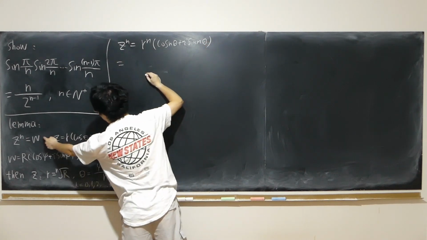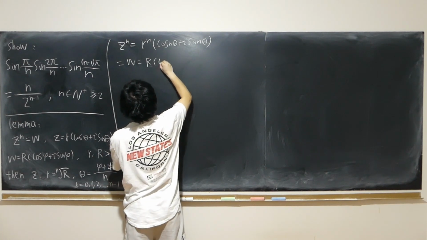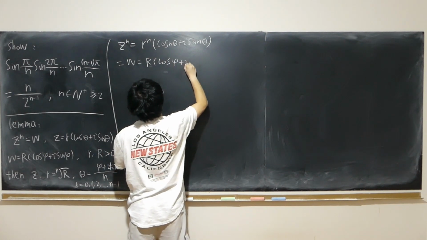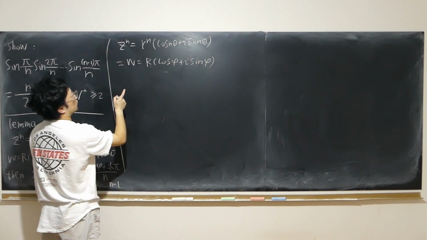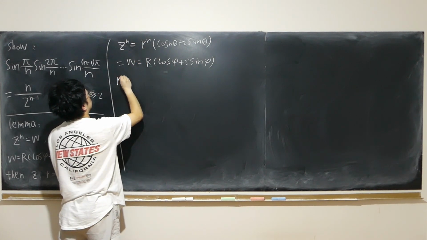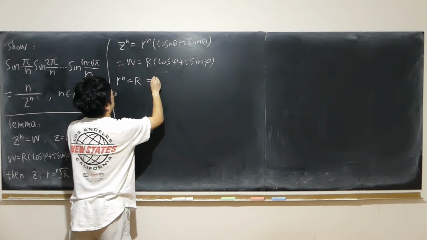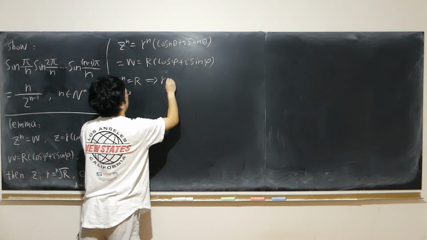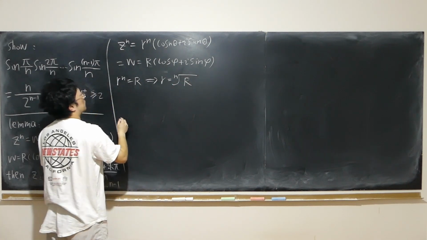It says this is equal to w. But w is capital R times cosine phi plus i times sine phi. So correspondingly, r to the power of n should equal capital R, both real numbers. So I can immediately solve for r, the nth root of big R.